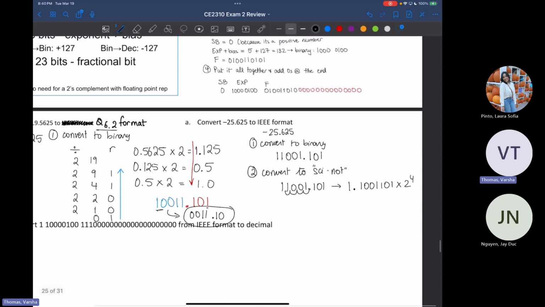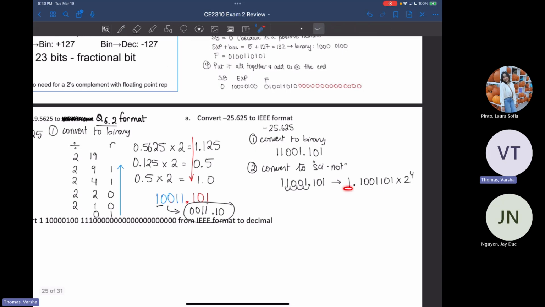So remember I said that this leading 1 is going to be implicit, meaning it doesn't make it into your final IEEE notation. So we're going to take this as the fractional part here. And then the third part is going to be the exponent. We take this 4 up here, 4 plus 127, which means you get 131.